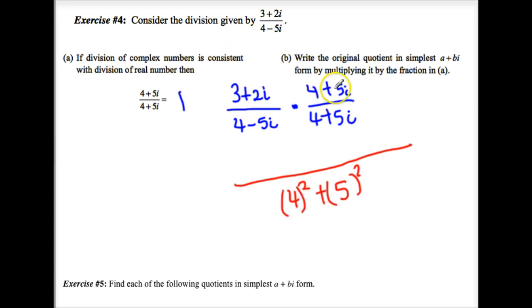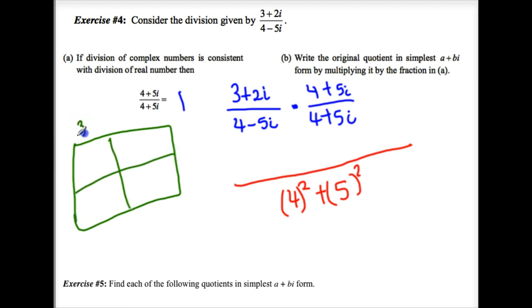The top now, I need to do in box method. Multiply the top, my numerators, 3 and 2i, and this is 4 and 5i.